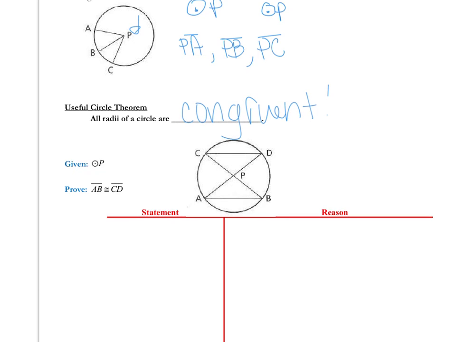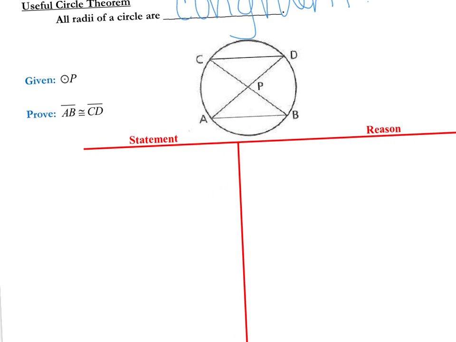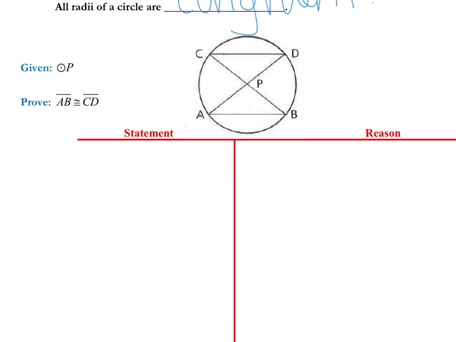Alright, so if we look at our one proof, you're just given that this is circle P. Using the theorem that we just spoke about, we know that all radii are congruent.